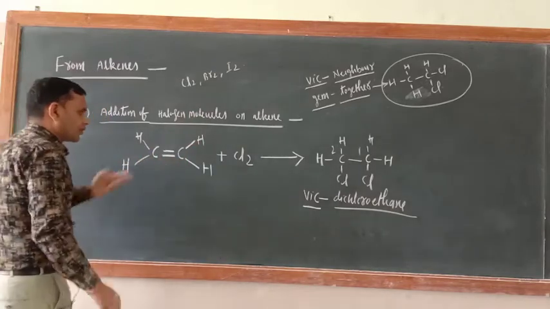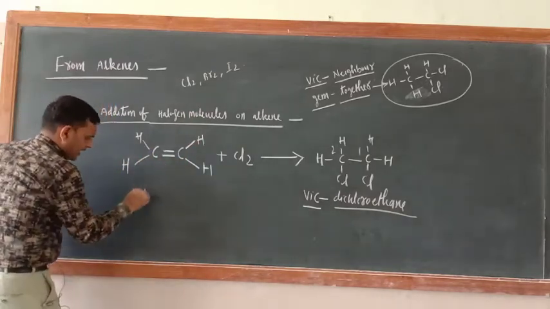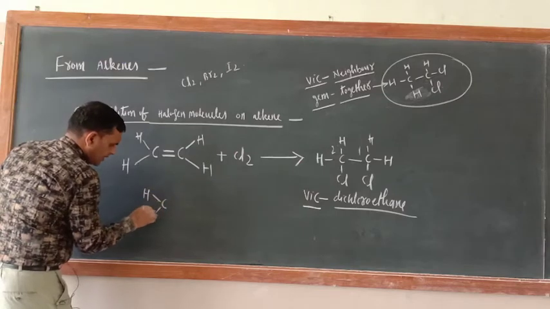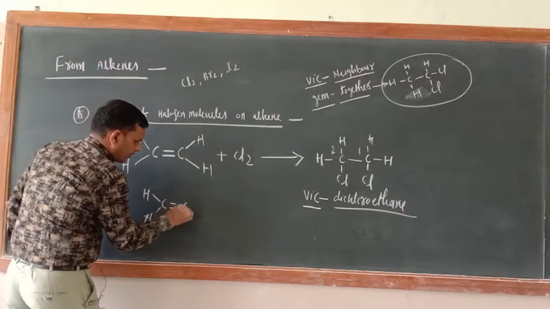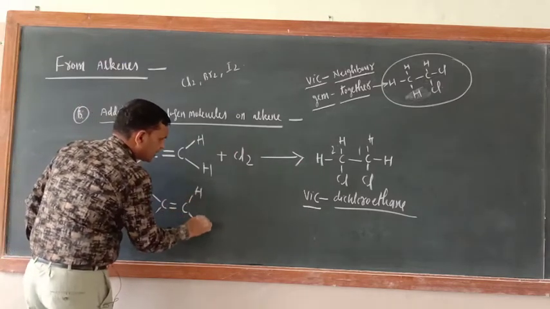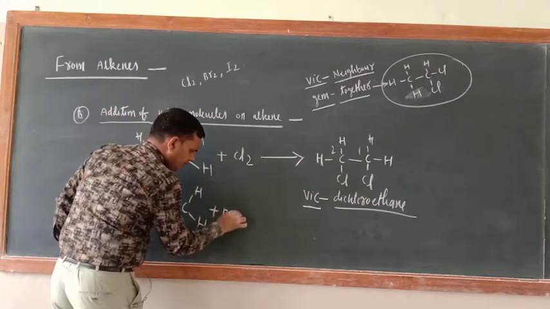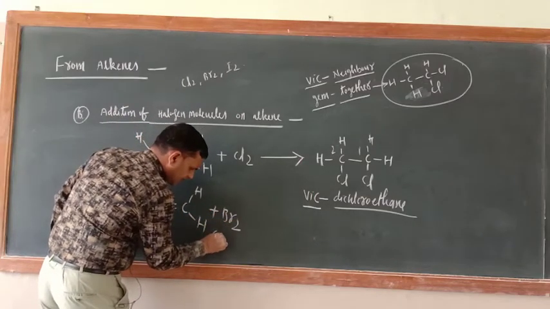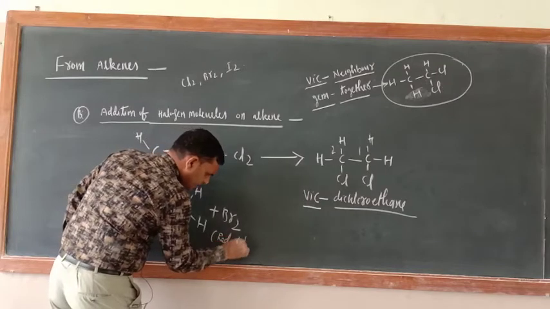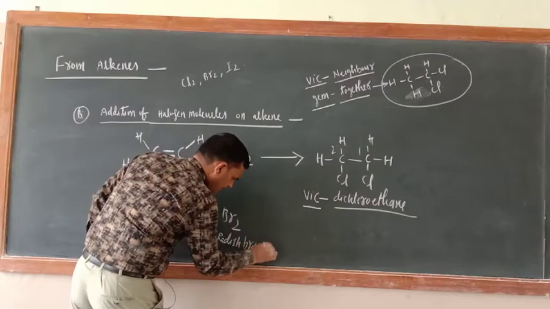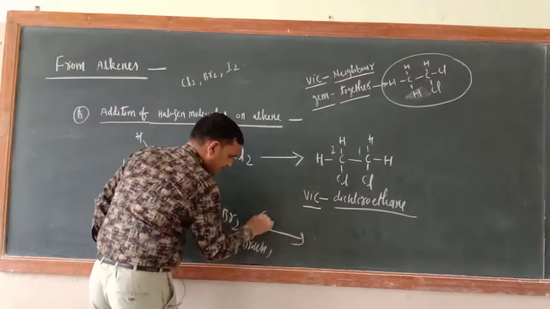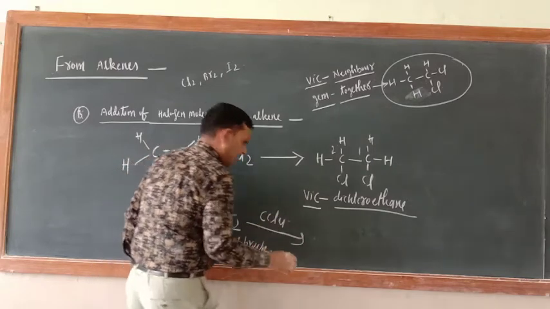Just see, the most important reaction is this one. H, here what is there? C, here H, here double bond C, here H, here H, here what is there? Br2. What is this one? This is reddish brown, in presence of CCl4. So what is the product here?